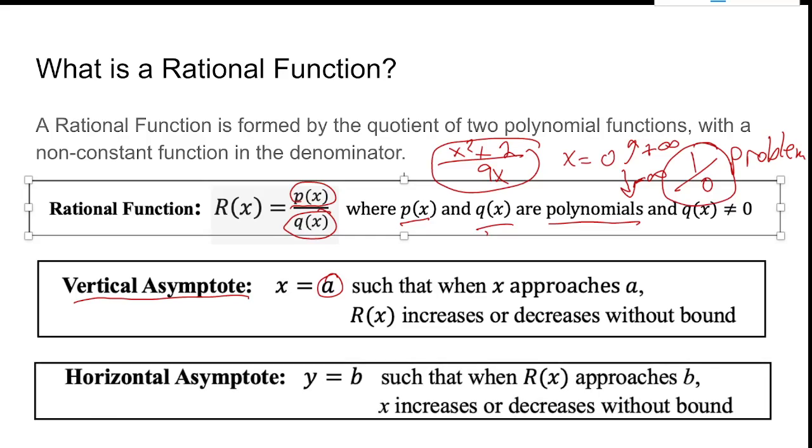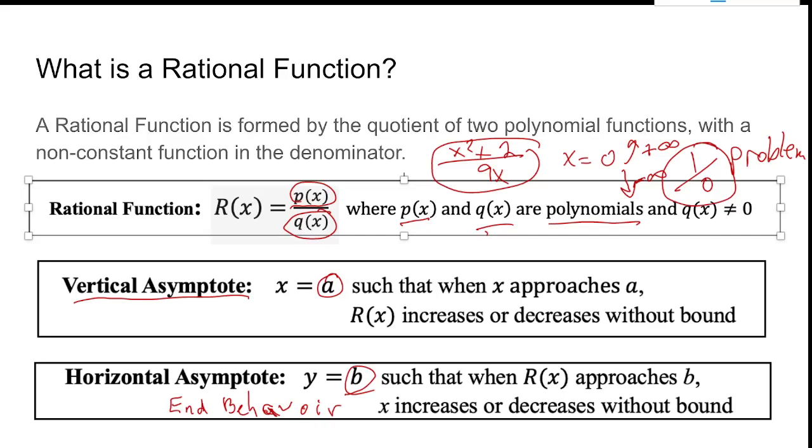And that's when the output value gets very close to a number. So this is going to be end behavior.